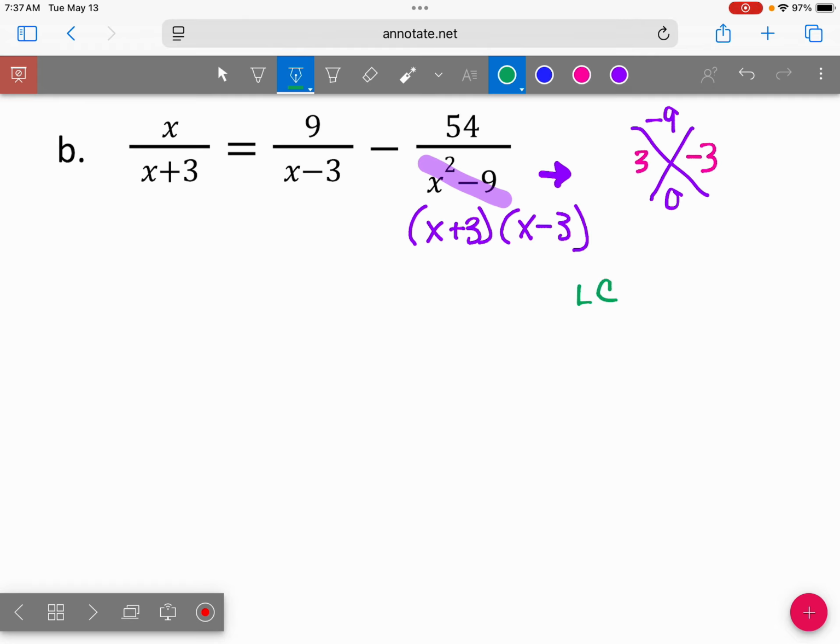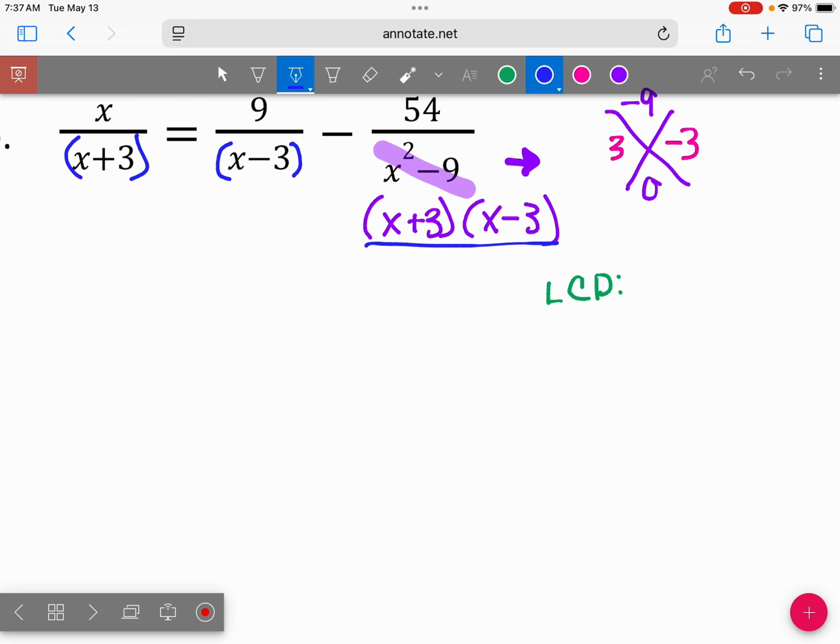So what is our least common denominator going to be on this guy? X plus 3 and x minus 3. Because we already have one of those pieces here, and one of those pieces here, and we have both pieces right there. So we need to make sure we include the x plus 3 and the x minus 3.